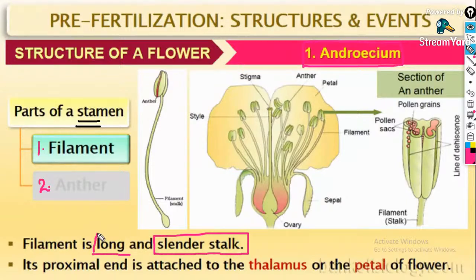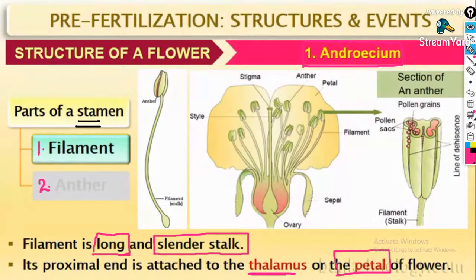Filament is the long and slender stalk of the stamen. Its proximal end is attached to the thalamus or the petal of the flower.